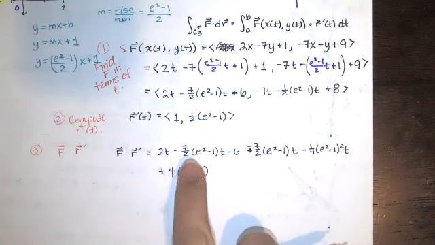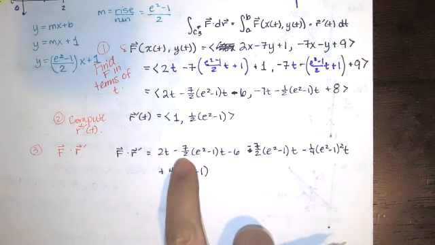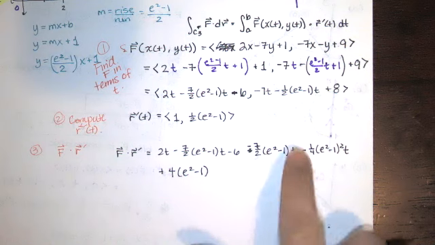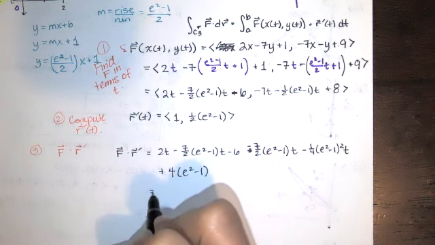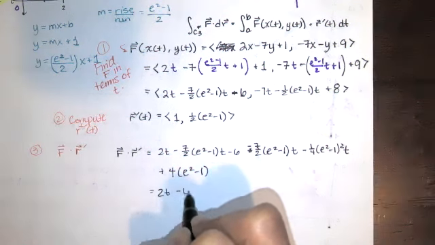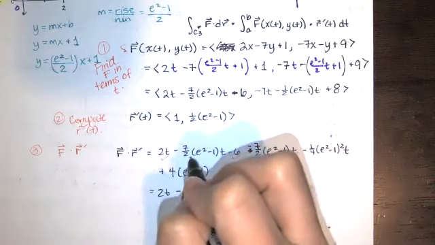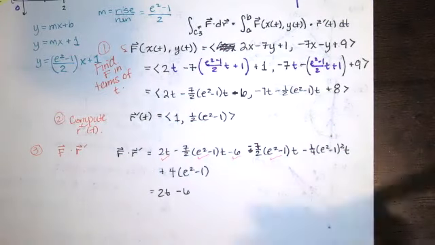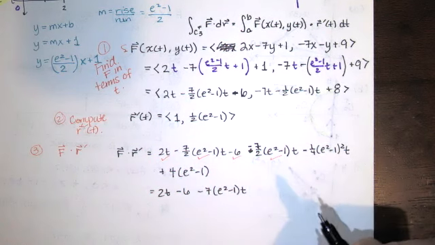Okay, and now I've got like terms. I've got one of them over here and one of them over here. So I'm subtracting 7/2 and I'm subtracting 7/2 of them again. So that means I'm actually subtracting seven of them. So this is 2t minus 6. And then these guys, I've taken care of those two. This one and this one together give me a minus 7 times e squared minus 1 times t.